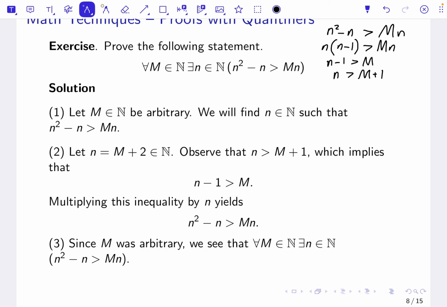So we see that this inequality implies that n is greater than m plus 1. So that's our start. That is our rough work. If and when you're doing something like this on a quiz or an assignment, you would scribble this in the margins or in your notebook, but it wouldn't be what you're handing in. You haven't proved anything yet.